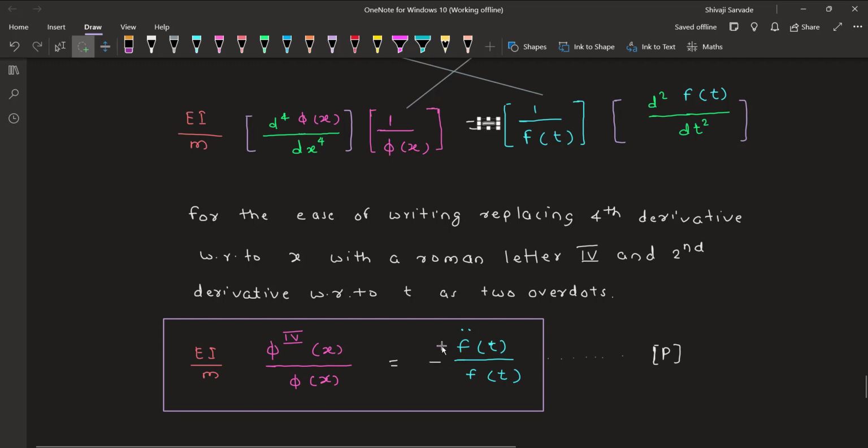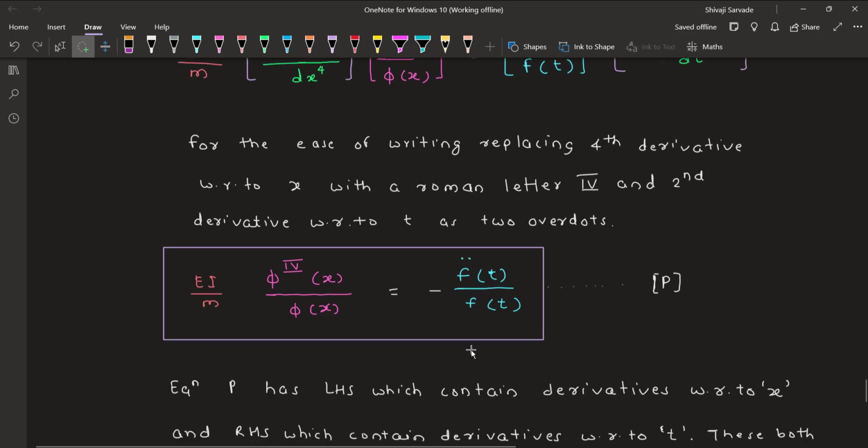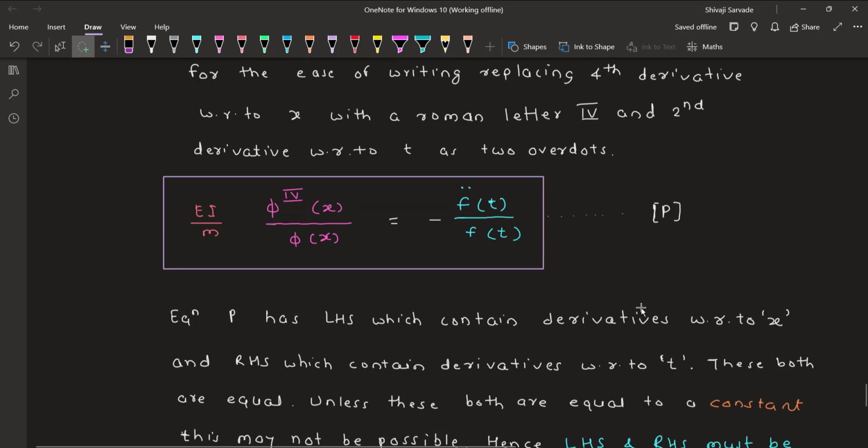Now this is the second differentiation of f(t) with respect to time, so we are denoting that with two overdots, like u double dot, or whatever you have followed in the single degree of freedom system. The same approach we are following, and f(t) which is remaining in the denominator is as it is. So this is a very important expression that we need to consider.